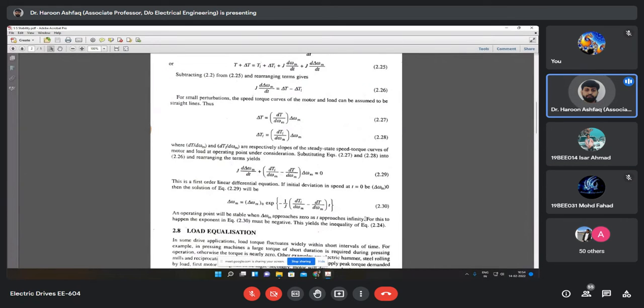देखो, इसमें एक चीज गड़बड़ हुई लास्ट में. For this to happen, the exponent must be negative. ठीक है, एक्सपोनेंट नेगेटिव होने के लिए ये पॉजिटिव होना चाहिए.